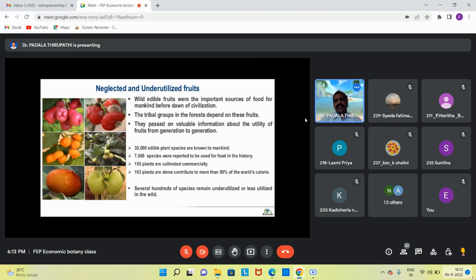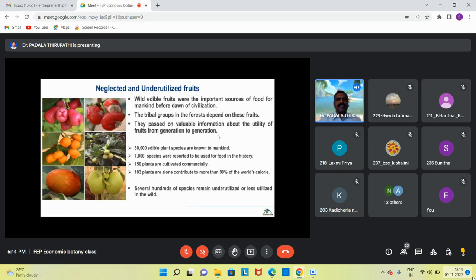That's why in the economic botany syllabus, fruits and nuts, their importance and nutritional value are included. Today we are going to discuss fruits and nuts clearly.